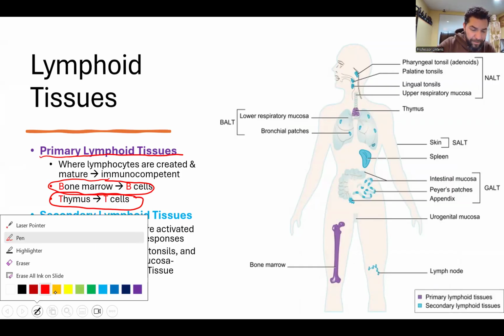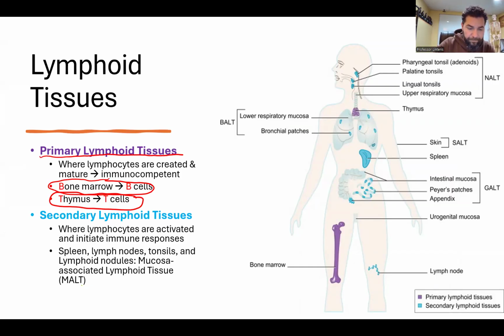Secondary lymphoid tissues are where lymphocytes become activated and their immune response is triggered. These would be areas you can think of where they congregate post-school and check for bad things that are coming through, right? Where would that be?